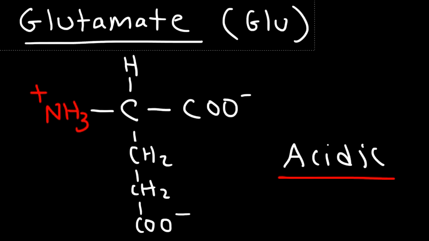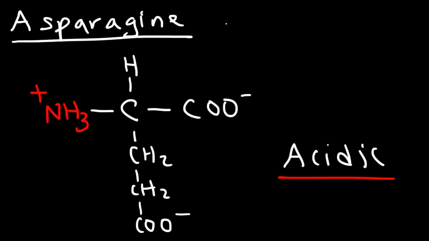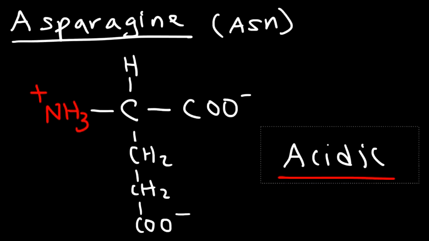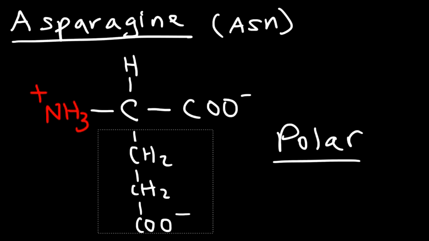Now the next amino acid that I'm going to draw is asparagine. It's abbreviated ASN. Now this particular amino acid is considered a polar amino acid. And we're going to talk about why. But let me draw the structure first.